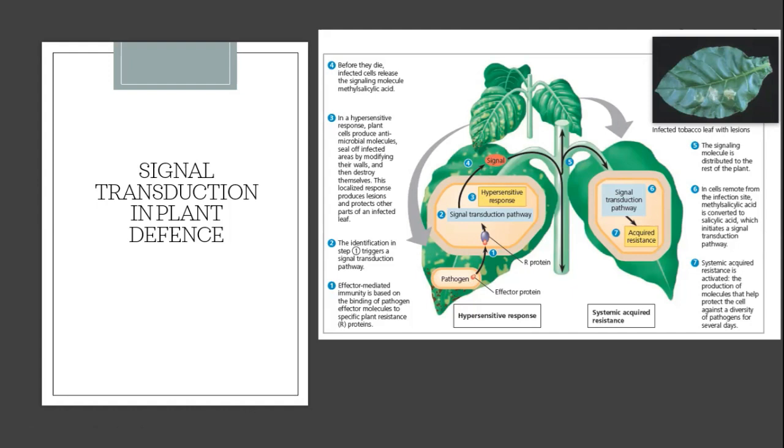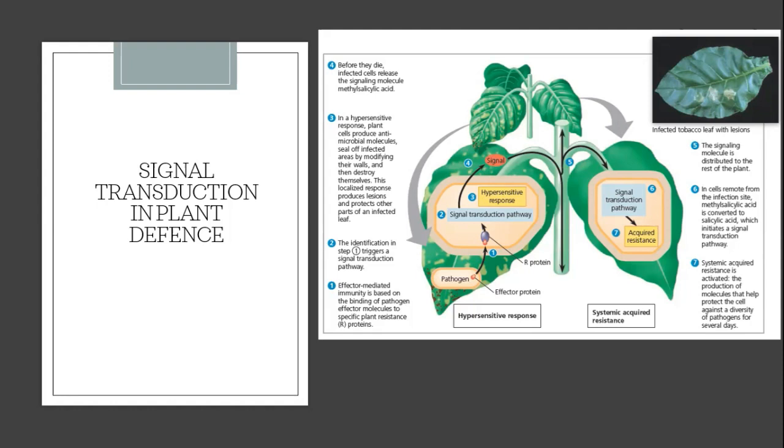These hypersensitive responses many times lead to formation of antimicrobial molecules, then sealing of the cell wall of the cells which are already infected by the microbe or the pathogen, and ultimately lead to formation of methyl salicylic acid.